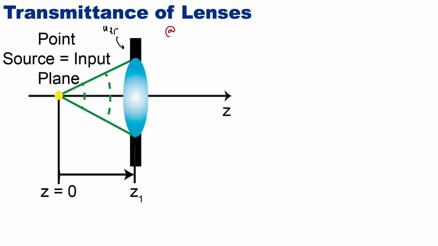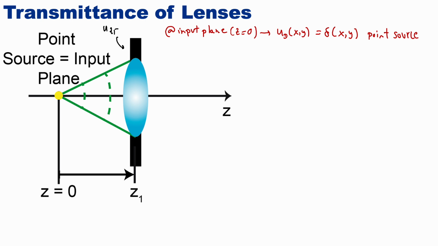So at the input plane, z equal to 0, what we find is a point source, and we say that a point source is going to be our delta function.